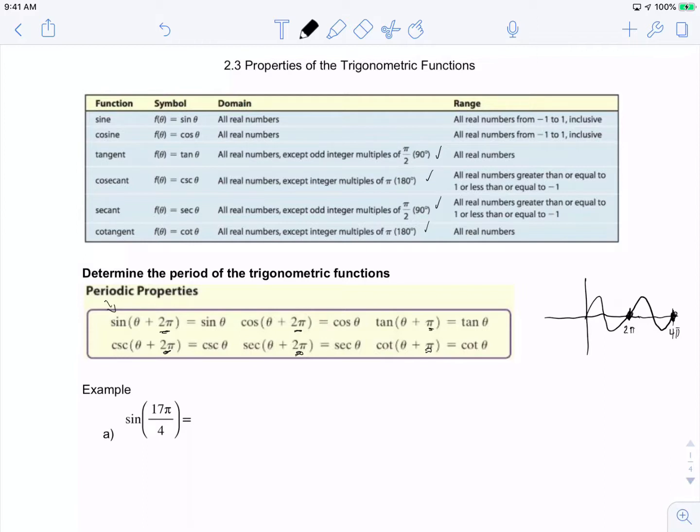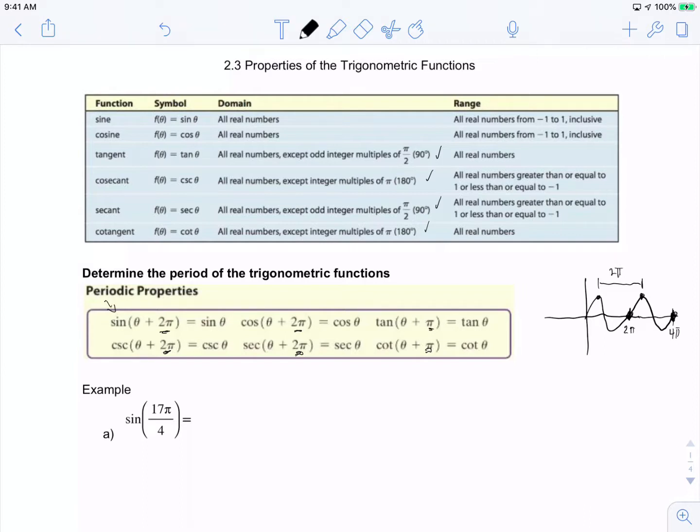So all it's saying is it's going to repeat and be at the exact same spot; it's going to have the same y value at every period of 2 pi. So if I chose any point, say this point here, which is pi over 2, 2 pi away, so from here to here is 2 pi away, I'm in the same position. That's basically what it's saying.